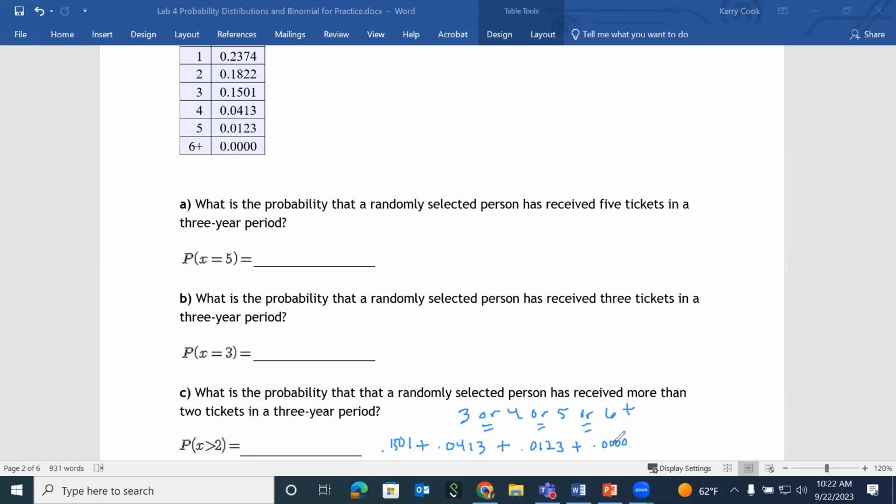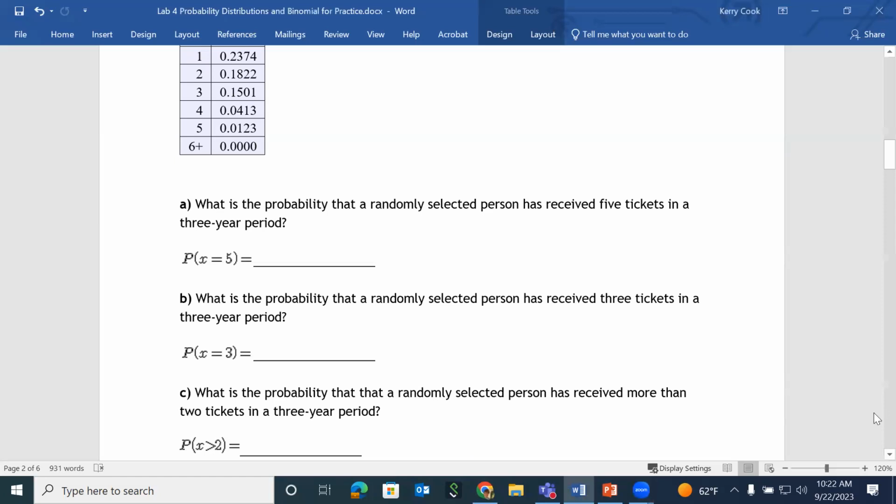Each of these numbers is the particular probability for 3, 4, 5, or 6 plus speeding tickets. When you total all that up, there is, for this probability, a total of 0.2037. So that means in that 3-year period, there's about a 20% chance that the person would get more than 2 speeding tickets, which isn't a huge amount.